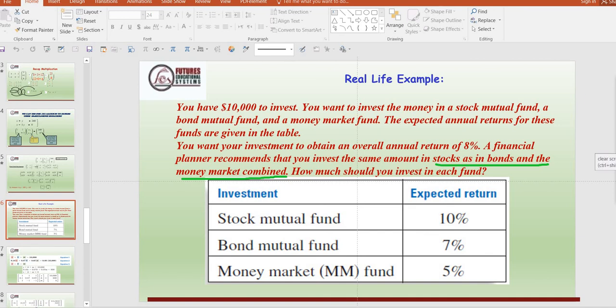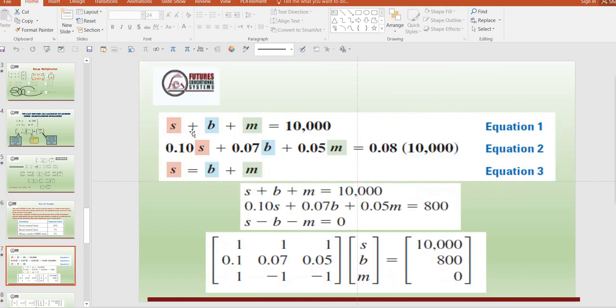The first one represents the sum. S plus B plus M, meaning stock plus bond plus money market, equals $10,000. That's the first equation.